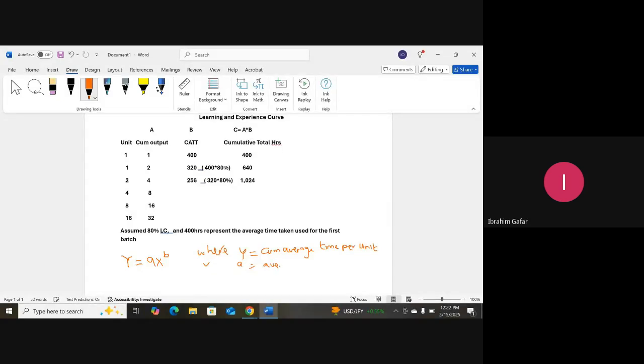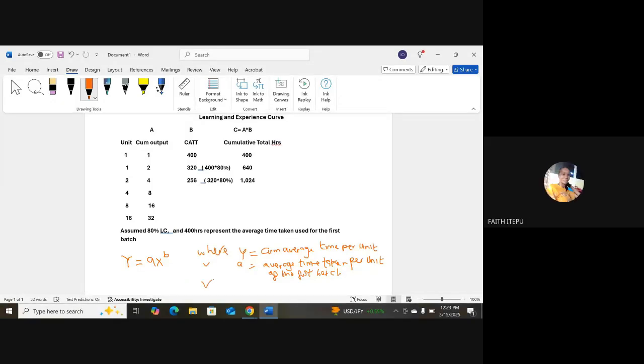Average time taken per unit of the first batch. Are we there?